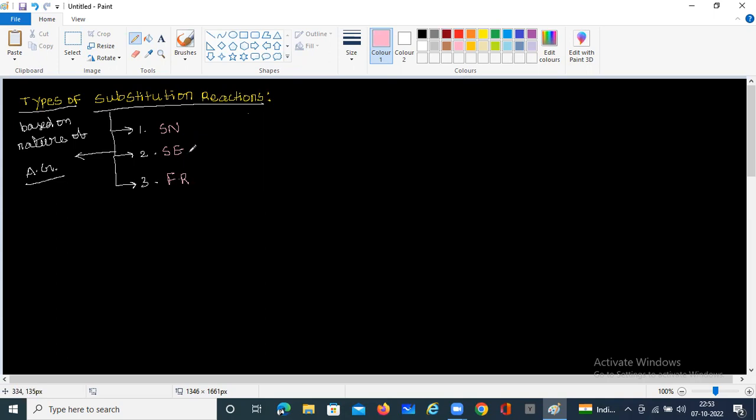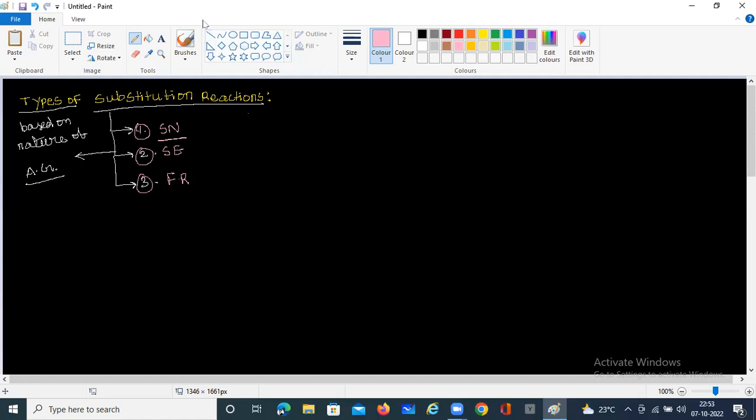Once again, substitution reactions are classified into 3 types based on the nature of the attacking group, like I already showed on the previous page with the leaving group and attacking group. But in this topic we need to learn only nucleophilic substitution reactions.